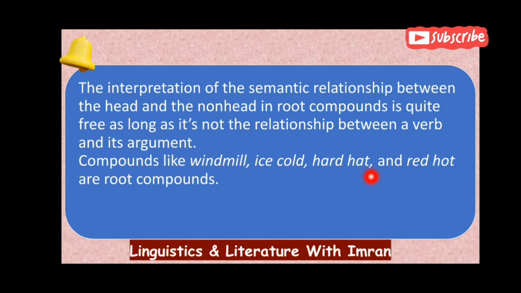And hard hat, you can see one is a noun and one is an adjective. Hat is a noun, and hard is an adjective. And we can see red hot. Hot is not derived from a verb. Hot is an adjective and red is also an adjective. So these are all examples of root compounds.